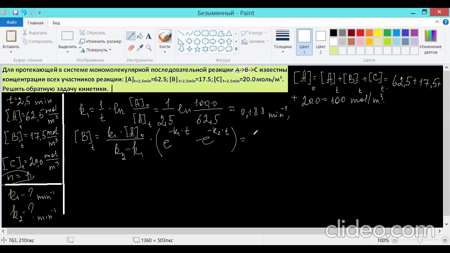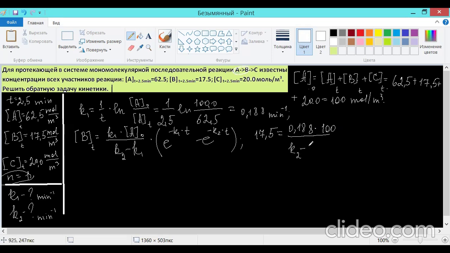Let us plug in all the values we've got. So B at time t is equal to 17.5, right? We have just calculated K1 is 0.188. The initial concentration of the reagent is equal to 100.